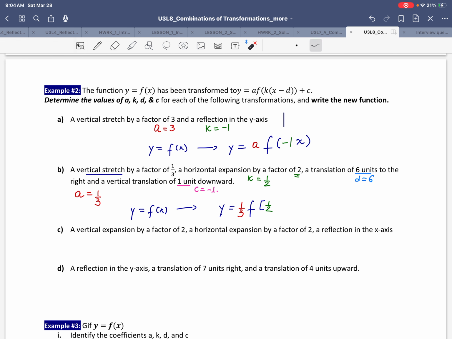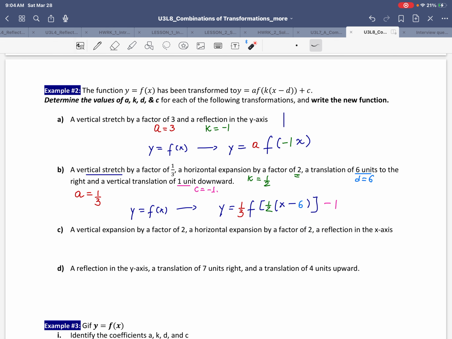And then we have open brackets x, and then minus d, which means that we are minusing a +6. So minus +6, we'll close the brackets, and then plus the vertical translation, which is -1. When you add a -1, it means that we are simply subtracting 1. And this will be the equation of the transformed function.